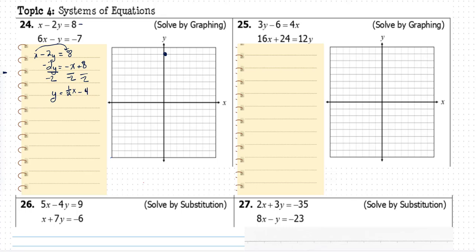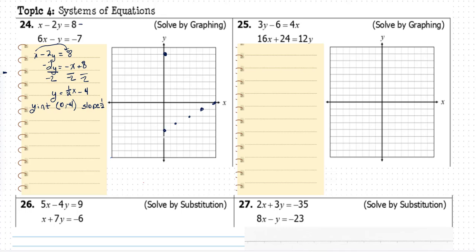And so my y-intercept is (0, -4). So I'm going to come down here to -4. I'm going to plot my y-intercept. And then my slope is 1/2, which means I'm going to rise 1, go right 2. Rise 1, go right 2, and so on, which gets me all the way across my graph going to the right.